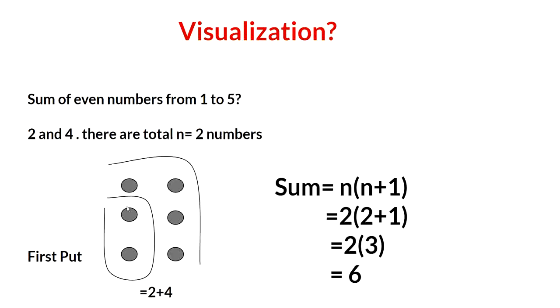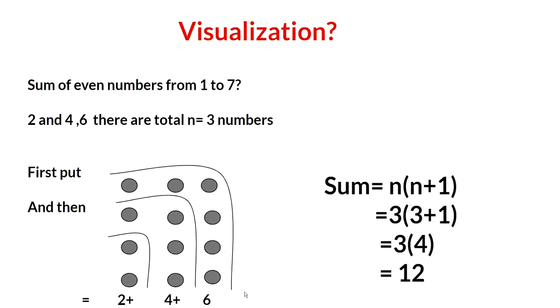Next, open your fingers from 1 to 5. Now how many even numbers do you see? It's 2 and 4. So draw the pattern 1, 2 and then 1, 2, 3, 4. Now the answer is 2 plus 4, which is 6. The previous answer is 2 and now the answer is 6. Go to the next step: sum of even numbers from 1 to 7. Open your fingers from 1 to 7 and now how many even numbers do you see?